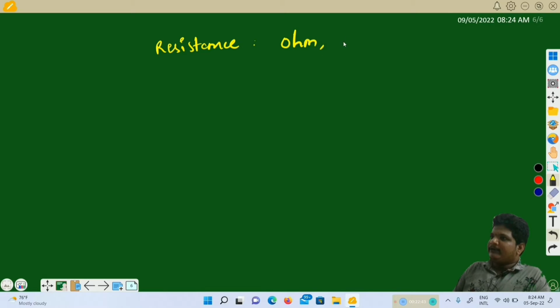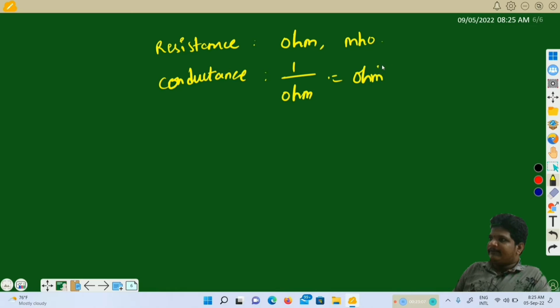In the case of conductance, the reciprocal of the resistance is nothing but ohm inverse. So ohm inverse is the unit of conductance.